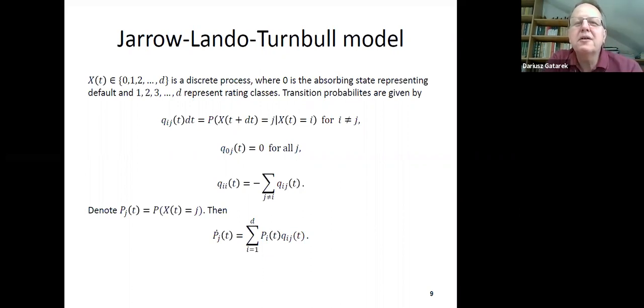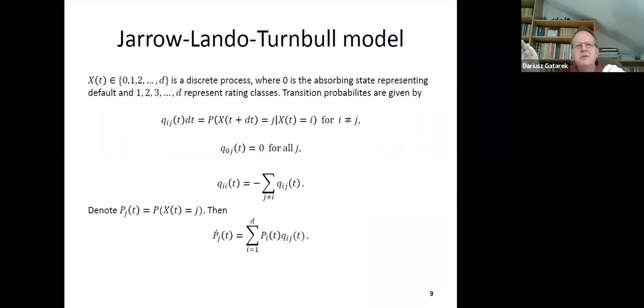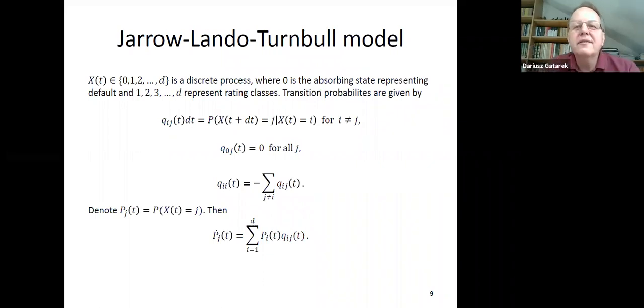There are unexpected defaults. So if you want a theory putting together transitions between rating classes and credit spreads, it would be more complex.